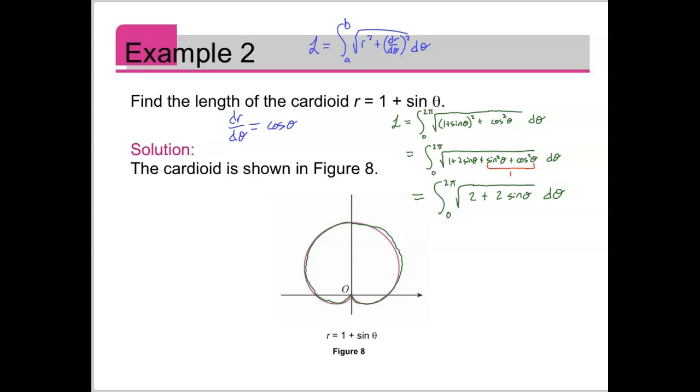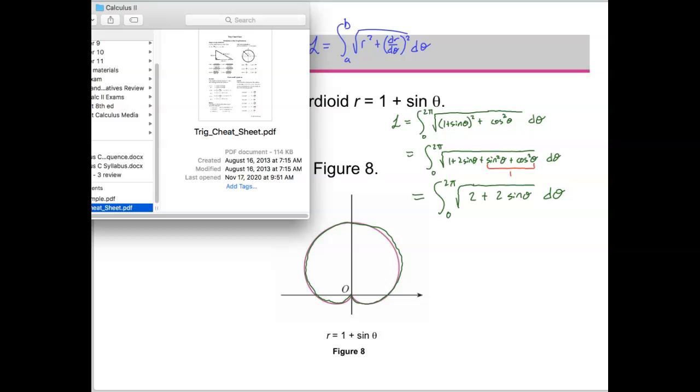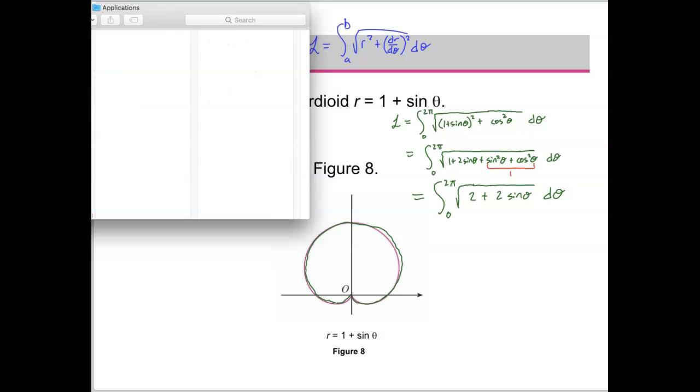All right, so this isn't a trivial integral. This is one you could solve by hand by multiplying and dividing by 2 minus 2 sine theta under a square root, and then you would have to use a u-substitution. But let's not worry about doing this one by hand. Let's just pop it in the calculator. One second.